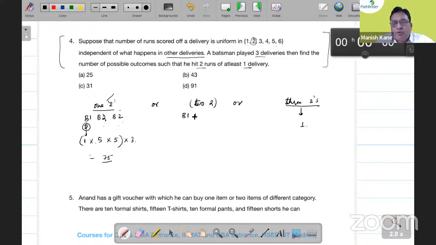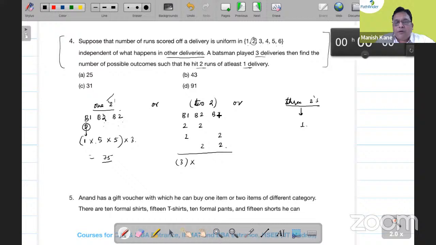When he has 2 twos, obviously he can have 2 on the first 2 balls, or on the first and third ball, or on the second and third ball. So again, there are 3 cases, and you need to select the score for only the remaining one ball.